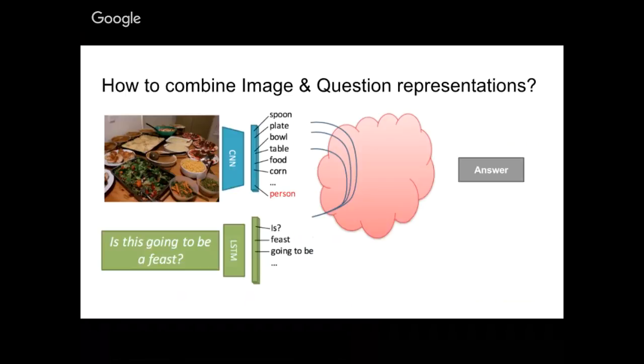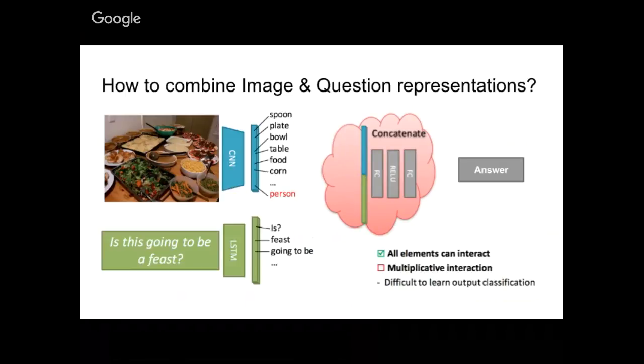And if we describe the question with a long short-term memory, we would have the probability of a certain type of words or concepts appearing in that question. So what can we do in order to merge this information correctly and extract the best answer we can?